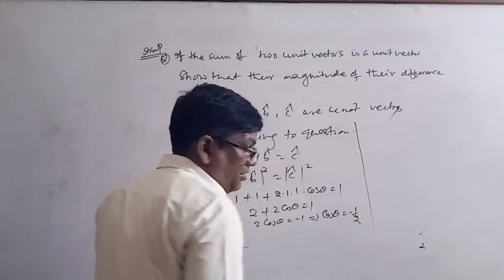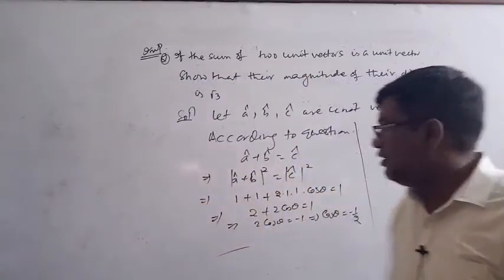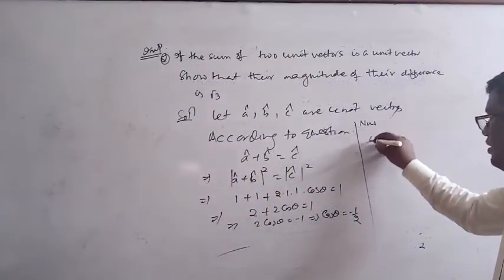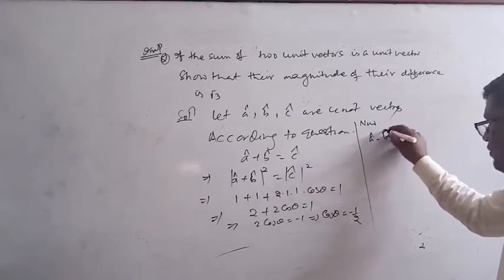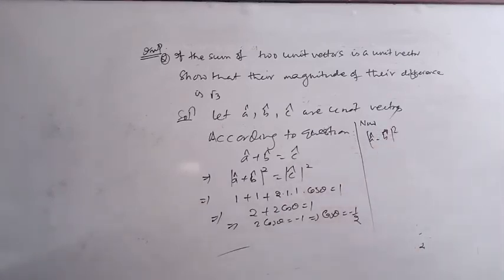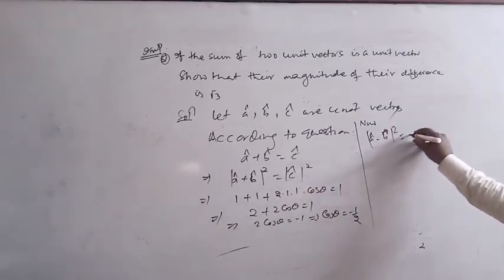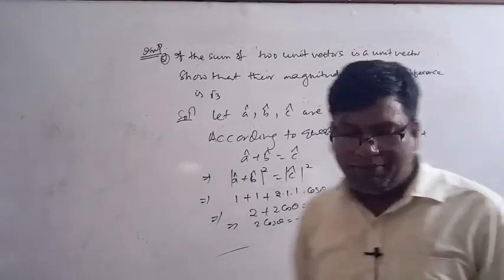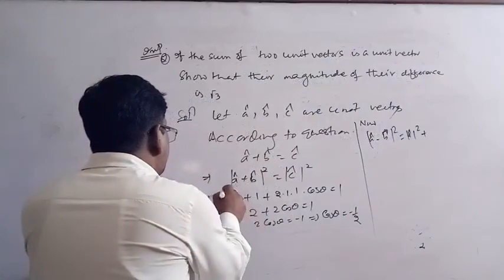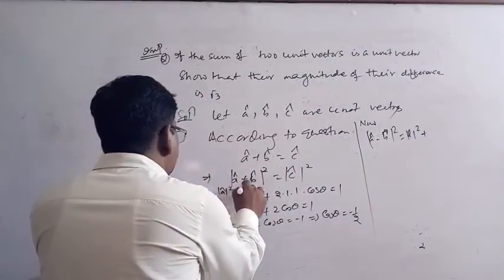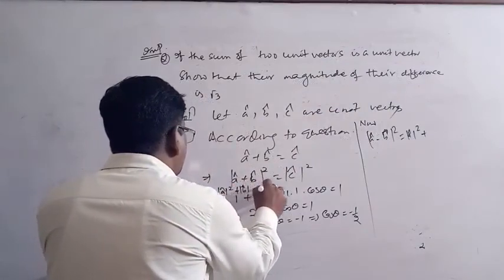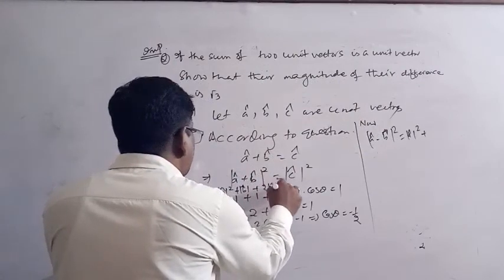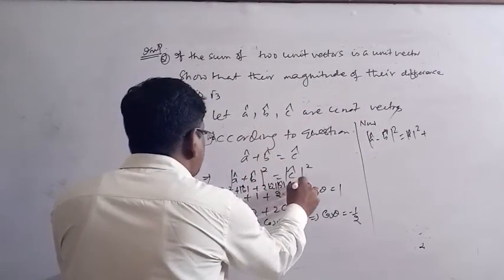Now the difference: the magnitude of a cap minus b cap, squared, is a cap squared plus b cap squared minus 2 times the magnitude of a cap, magnitude of b cap, into cos theta.